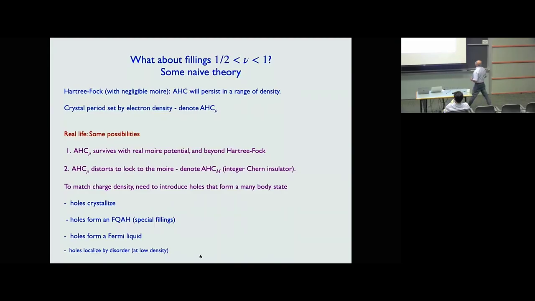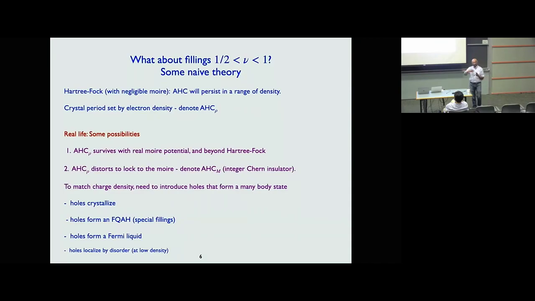Now, there are other things you could contemplate: that this AHC rho crystal, which exists in the absence of Moiré, when you turn on the Moiré, which now has a different period compared to the AHC rho's lattice spacing, distorts to gain commensuration energy.